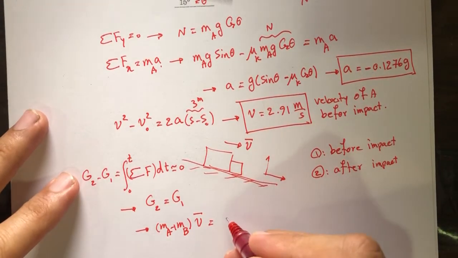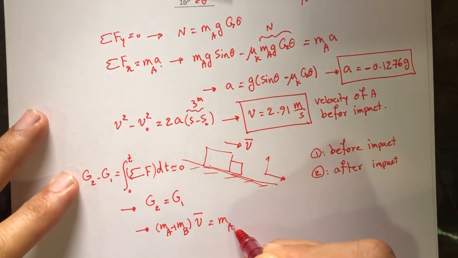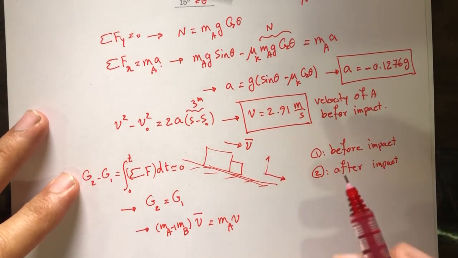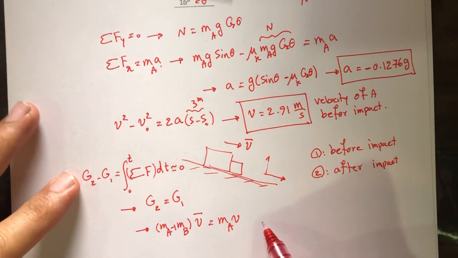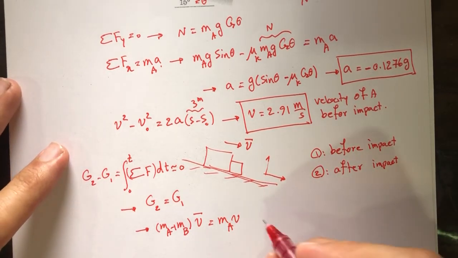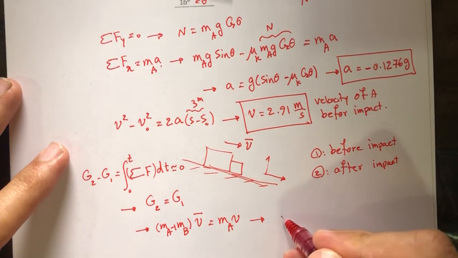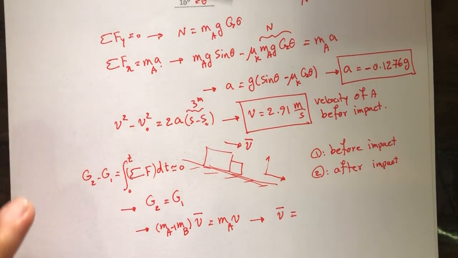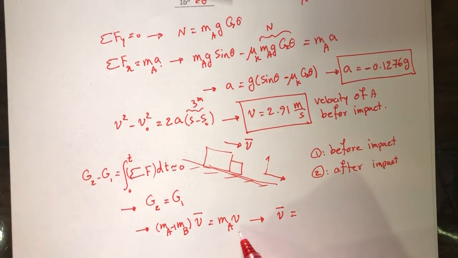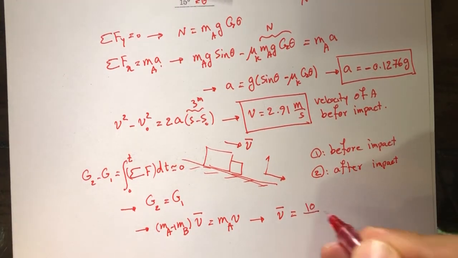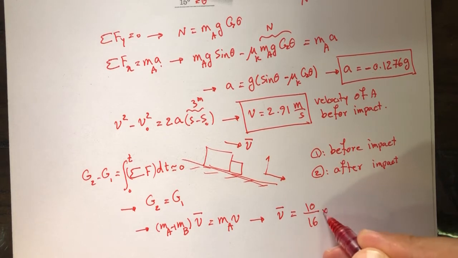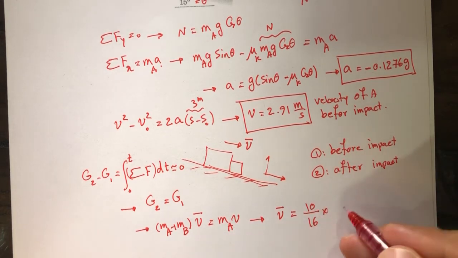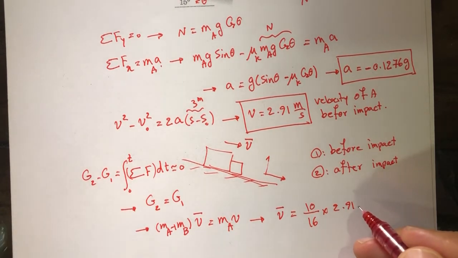So we have mA times its velocity, the linear momentum of box A plus the linear momentum of box B, which is 0, right? So from here, like the previous problem, we can find the velocity of the system after impact. It's going to be mass A, which is 10, divided by the total mass of our system, which includes both of these masses, 16, times the velocity of mass A before impact, which is 2.91.